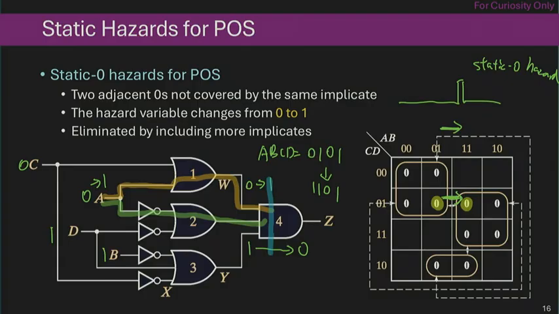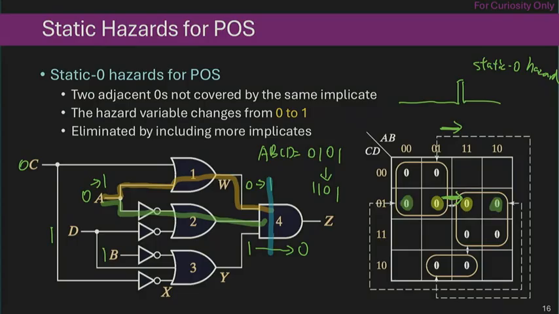All right, and later on, you can do a more detailed analysis using a timing diagram if you like. In fact, in this picture, we have multiple static 0 hazards. Again, it's a process of finding adjacent maxterms that are not covered. So between this 0 and this 0, you would also have a static hazard.